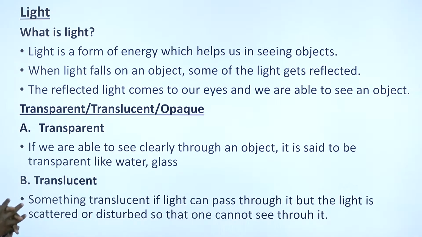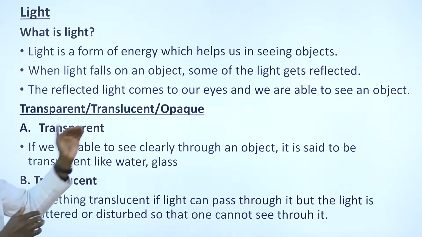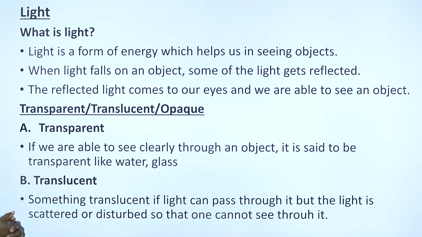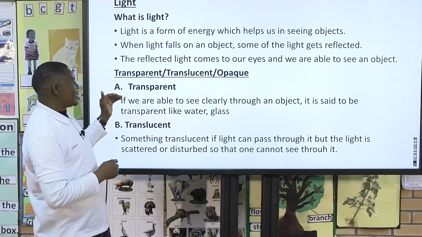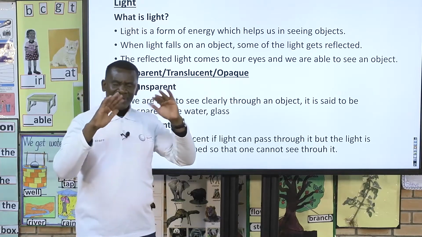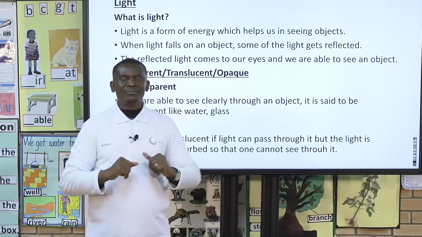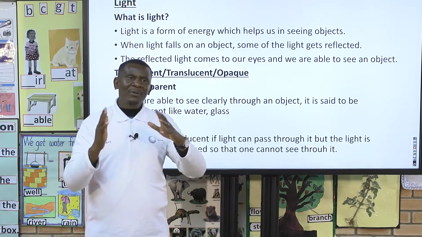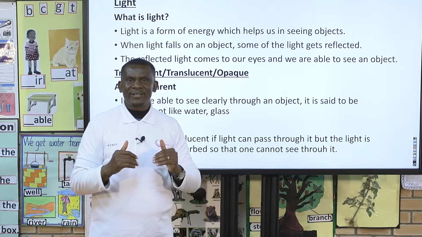We are going to talk about transparent, translucent, and opaque objects. What is a transparent object? You know, when you are in your classroom, you are able to see outside.